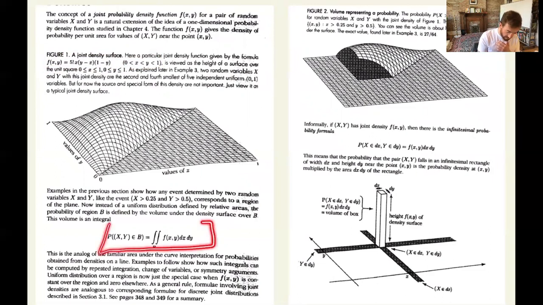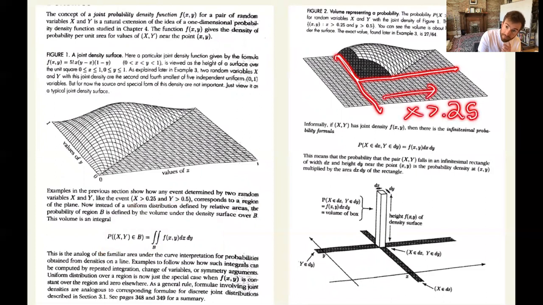Here the analog is, if we want to know, let's say, the probability that x is greater than 0.25 and y is greater than 0.5, y being the 4th smallest and x being the 2nd smallest, so this being smaller than that, you end up having to define your limits of integration using x greater than 0.25, given by this line, and then here, y being greater than 0.5.